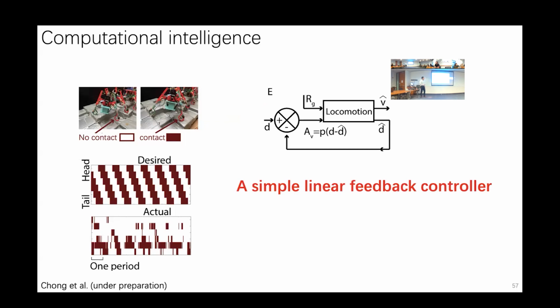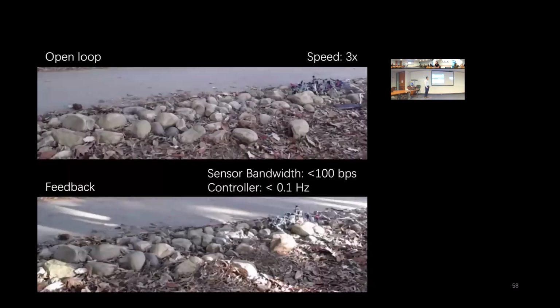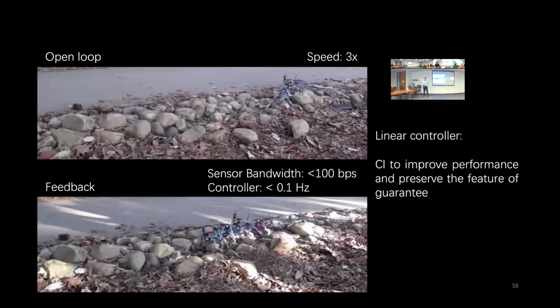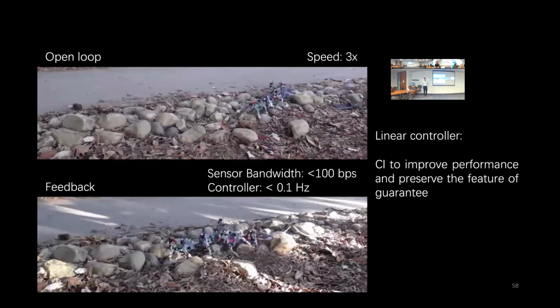It turns out that this very simple and naive computational intelligence can not only help us to improve the speed, it also preserves the feature of guarantee. Because we all know that the linear controller has proven stability in dynamic systems, right?